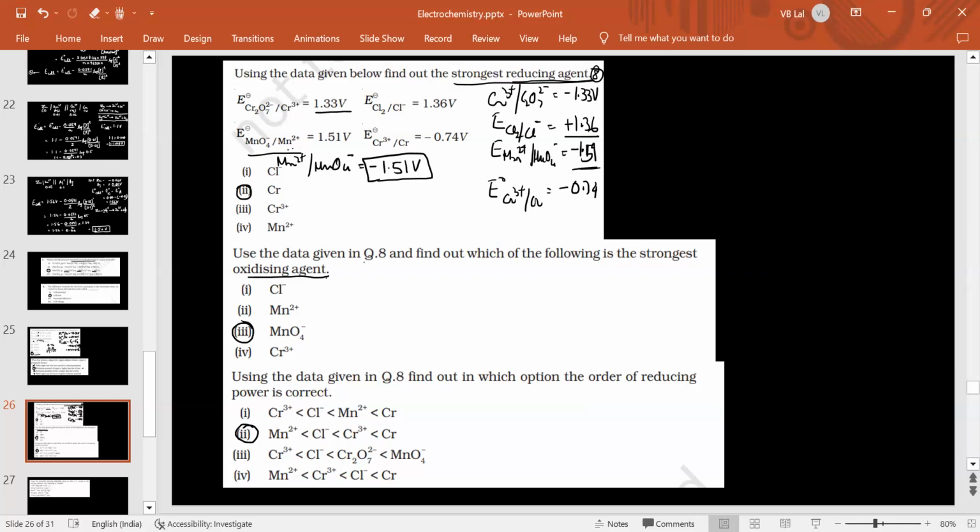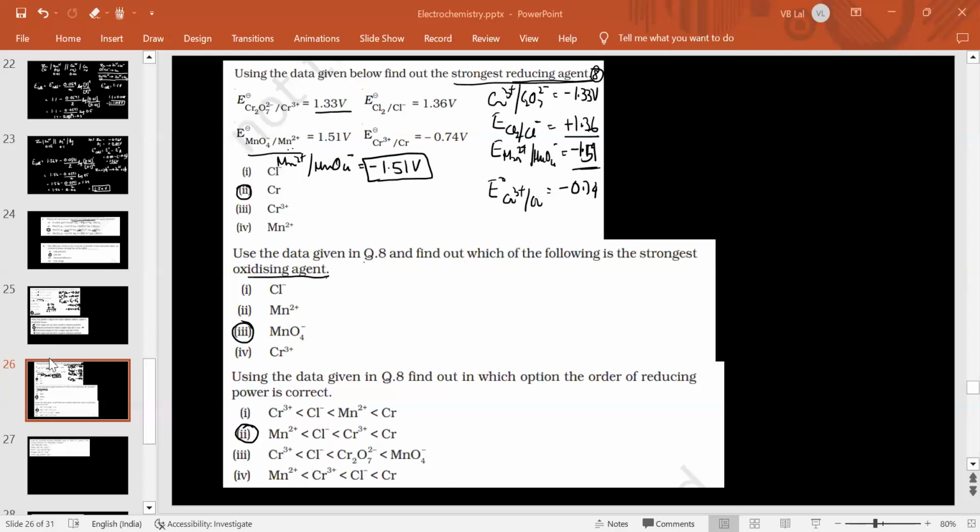Question number 8, answer is 2. Question number 9 is 3. And question number 10 is 2. So 2, 3, and 2. Okay, so there is something which is not correct. Let us leave it for the time being. I will discuss this question later, because I probably made some error in copying it.